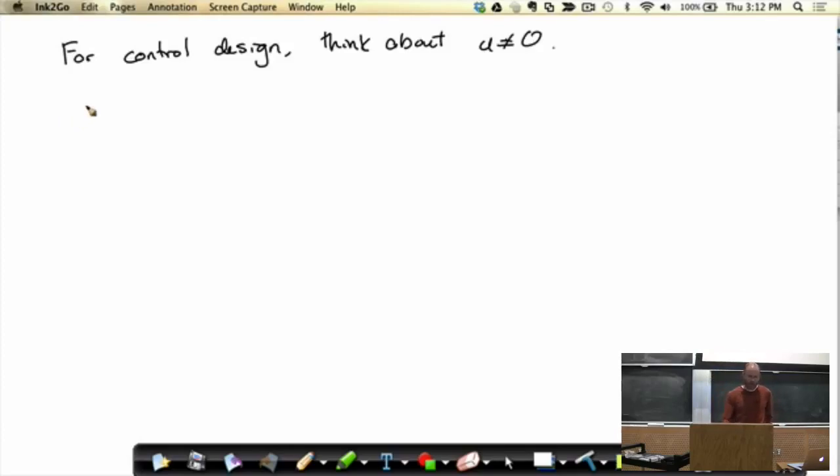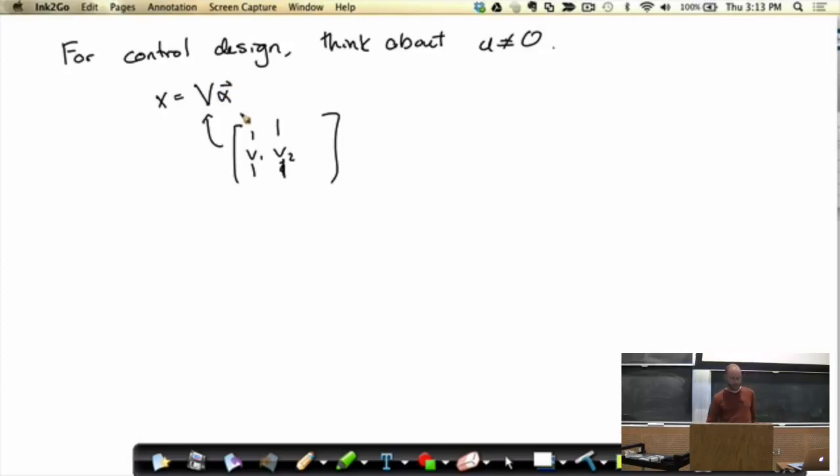Again, the eigenmodal analysis is a good way to think about it, right? So if I can write any vector x as some linear combination of the eigenvectors, and just some linear combination of it with some vector alpha, right?